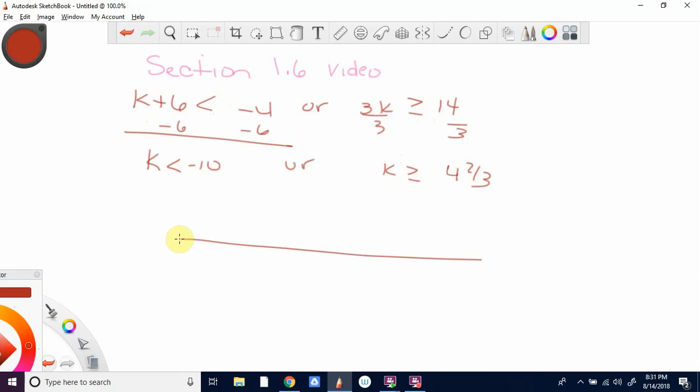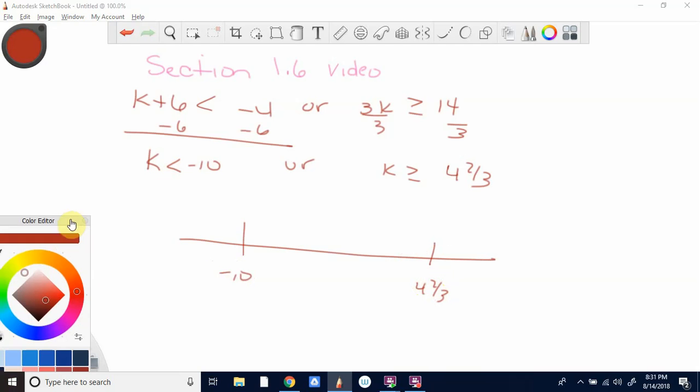So now I'm going to go to the number line, and I don't care if you just write these two numbers, 4 2/3, or you can write it 14/3. So here it's telling you k is less than -10. Here it's telling you k is greater than or equal to, so you're going to fill it in at 4 2/3. So you have a choice. So this is the solution set on a graph. So pause it and do guided practice 2A and 2B.